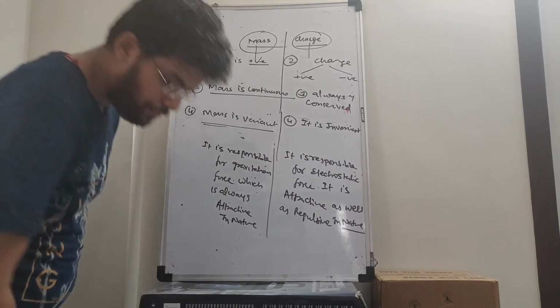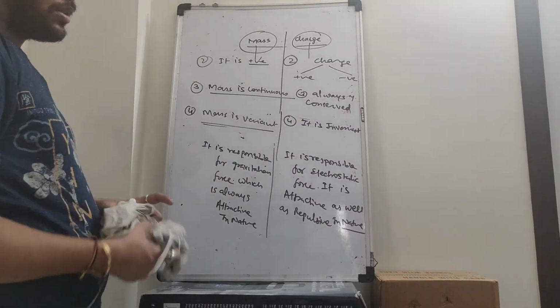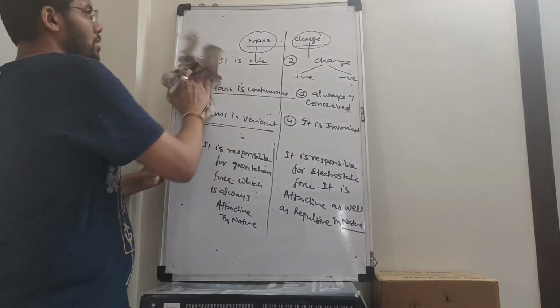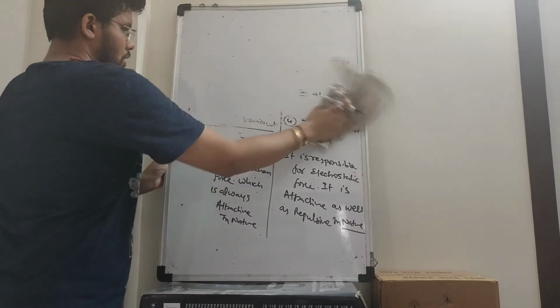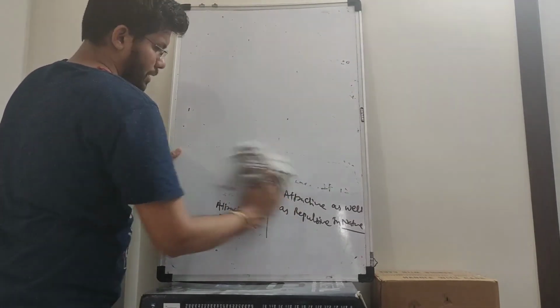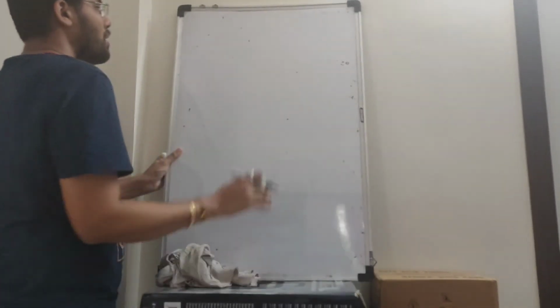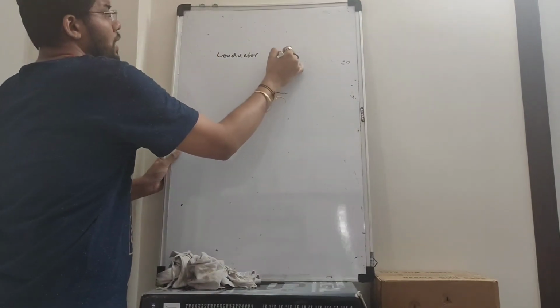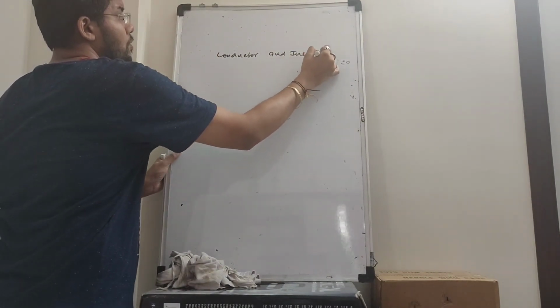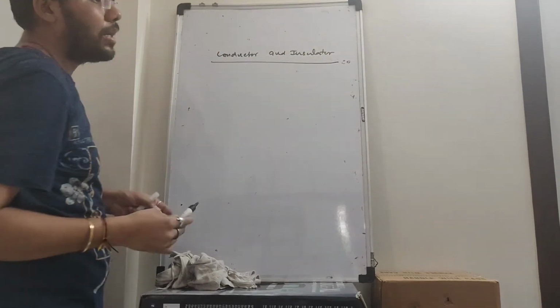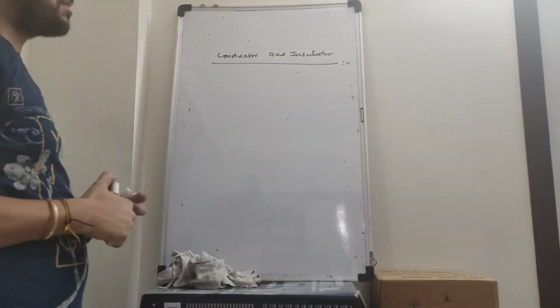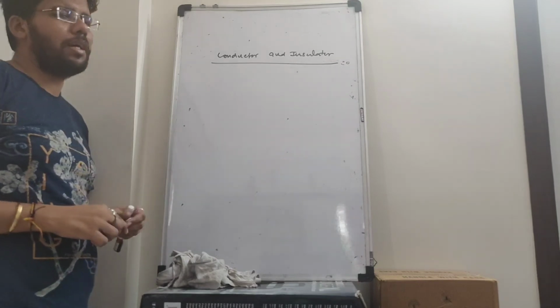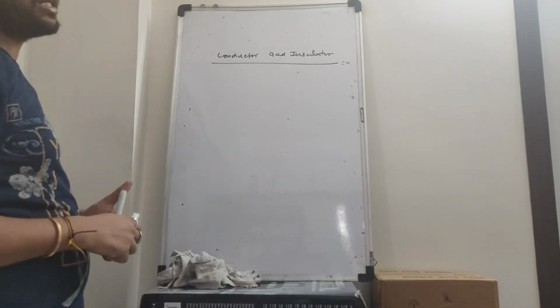Is that clear? Now next topic, one of the smaller topics of this unit, that is conductors and insulators. Now that is basically a classification of materials on the basis of their electrical properties.